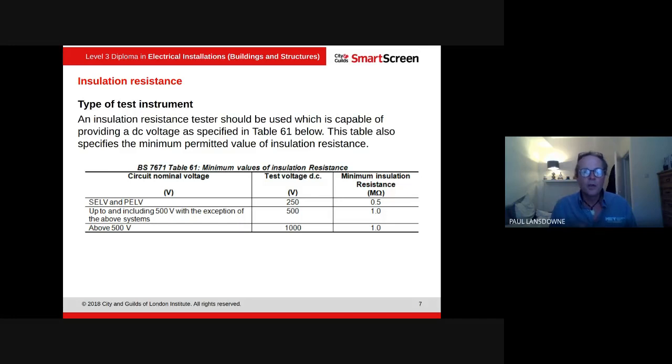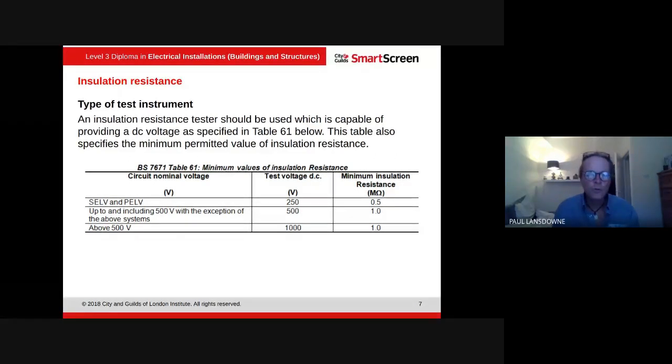So if we were using low voltage installations, and I've got a little handout which I'll show you, we would use a test voltage of 250 volts, and the minimum insulation resistance is 0.5 megaohm.